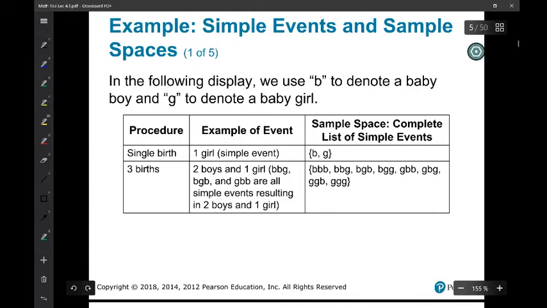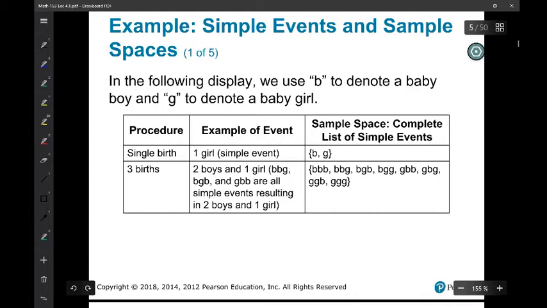And that could happen in several different ways. You could have a boy, then a girl, then a boy, or the girl first, and then a boy and a boy baby. So the sample space would have to include all the possibilities: 3 boy babies, 3 girl babies, 2 boy babies and 1 girl baby, or 2 girl babies and 1 boy baby, and their various permutations.